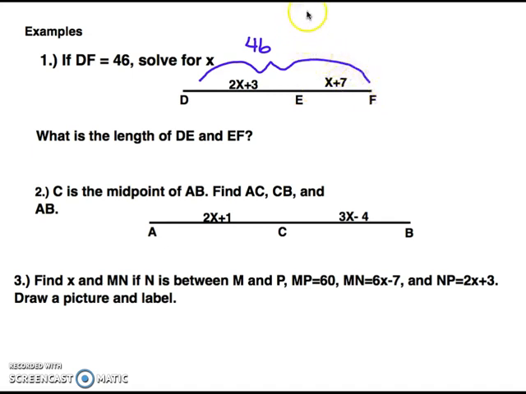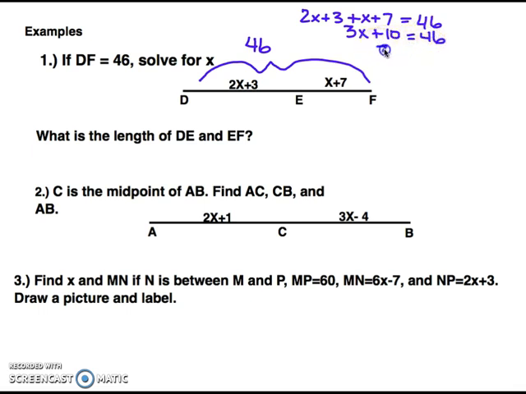So how we can figure this out is by setting up 2x plus 3 plus x plus 7 equals 46. And to solve for x, we need to combine like terms. So then we would have 3x plus 10 is equal to 46.